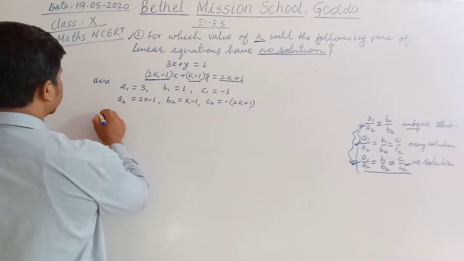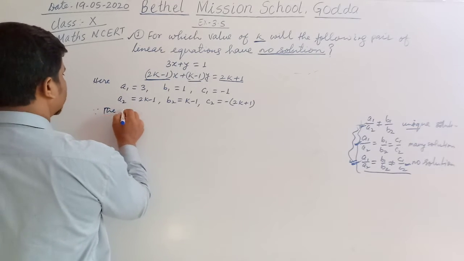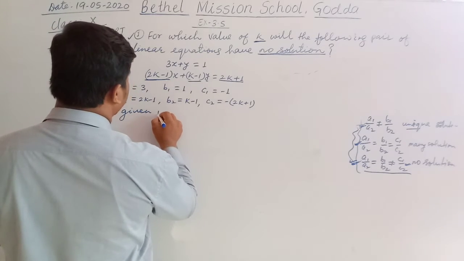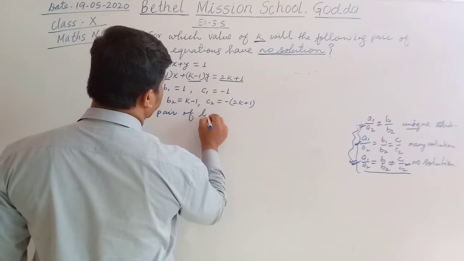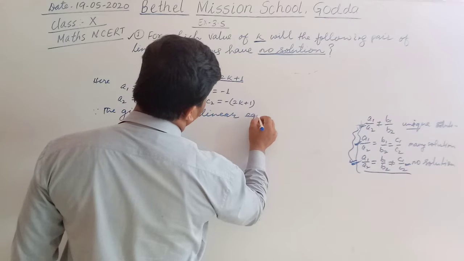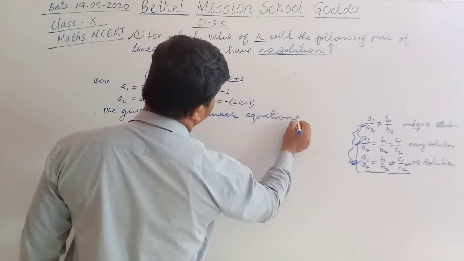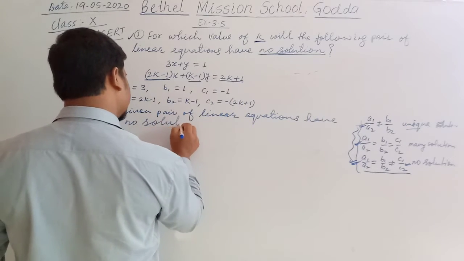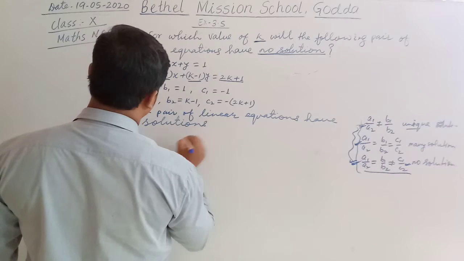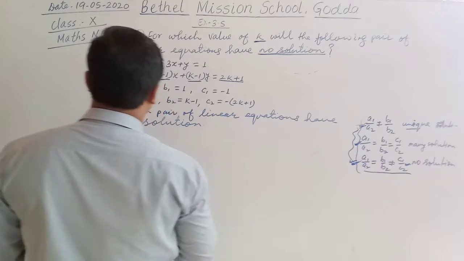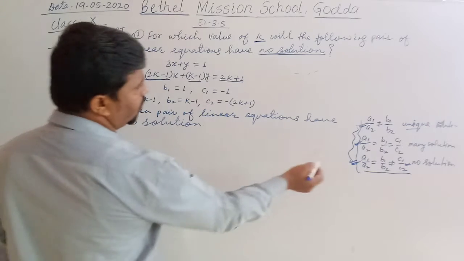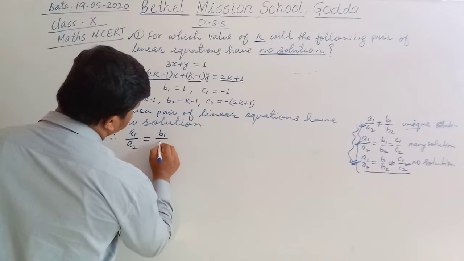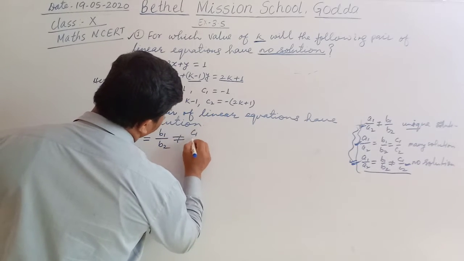So we will write: since the given pair of linear equations have no solution, therefore a1 by a2 equal to b1 by b2 not equal to c1 by c2.